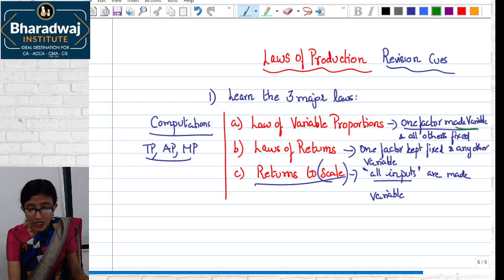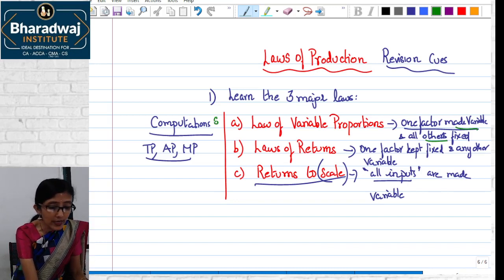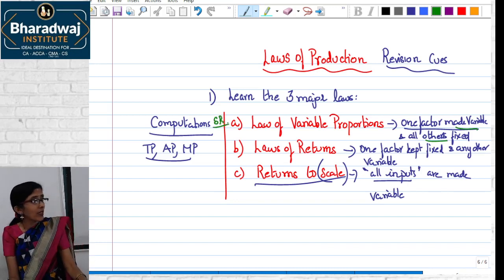Since there is a distinction here, we call it a law applicable in the short run. SR stands for short run. This is one question apart from graph, apart from schedule, apart from identifying the law. Okay? Then, returns to scale. One factor kept fixed and any other variable. Is it long run applicable or short run applicable? Second one.